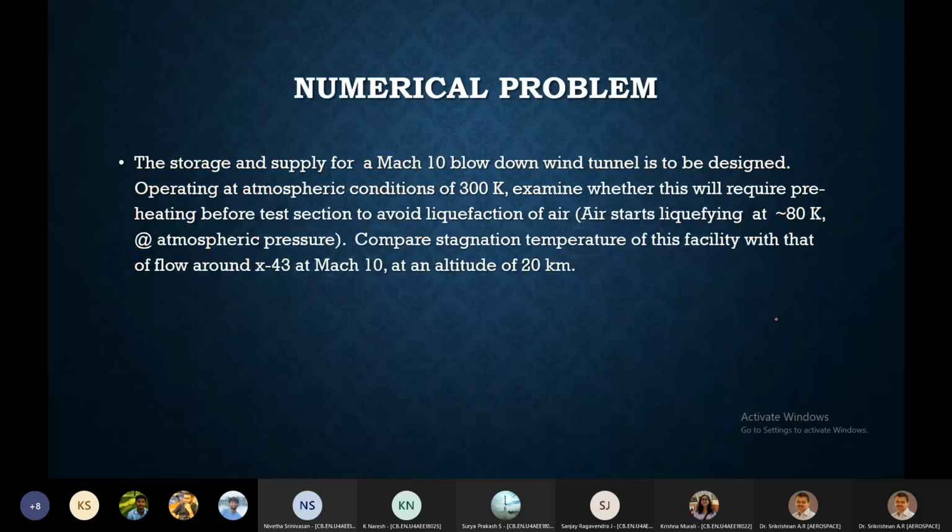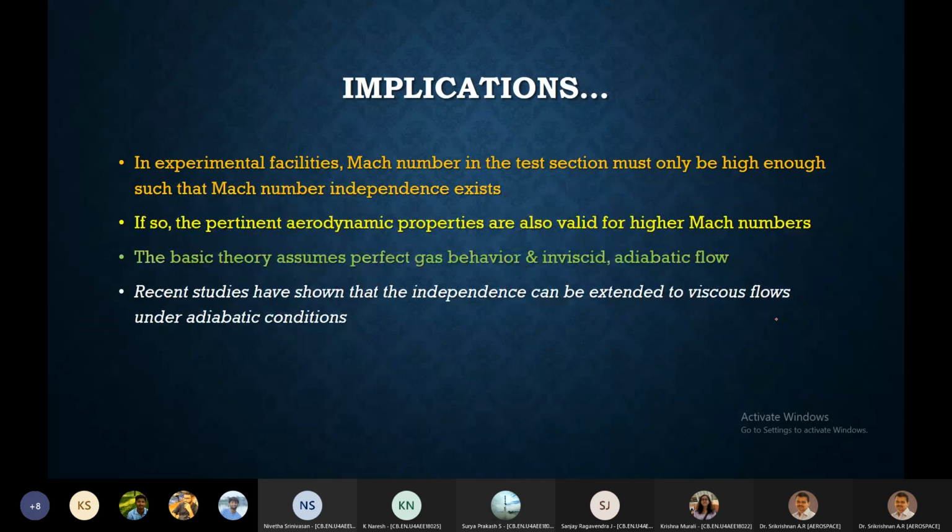Now, the question that comes up here is, we have not considered viscosity, we have not considered heat transfer. But in real applications of hypersonic flows, the impact of heat transfer, for example, will become very important.